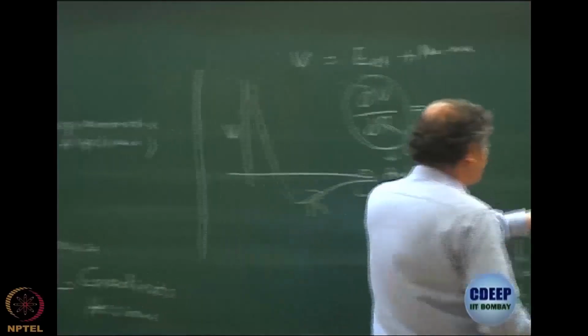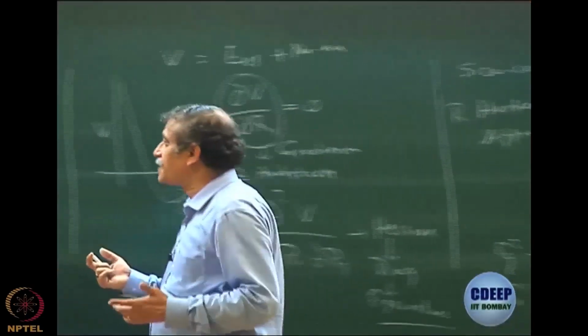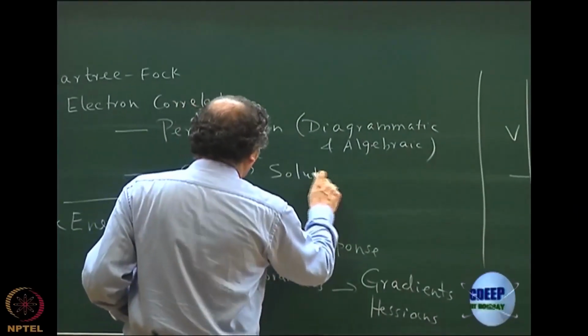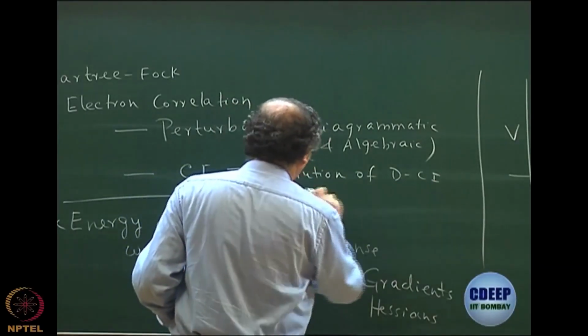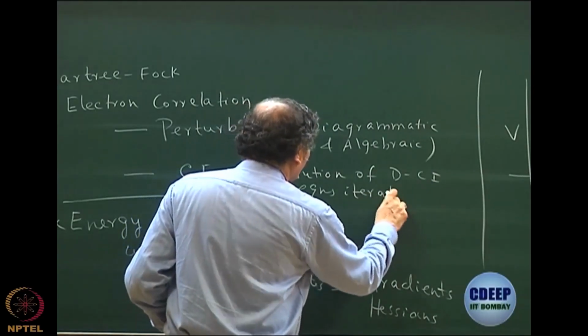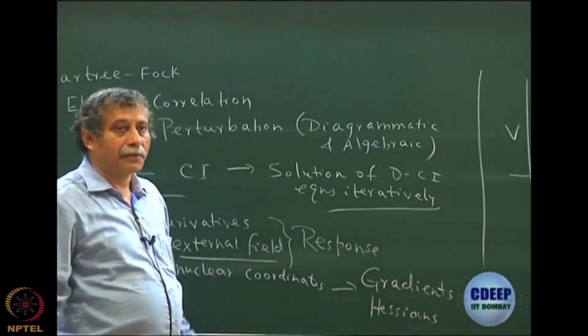So, we have discussed the DCI problem. We also have discussed how to solve the DCI equations iteratively. Of course, DCI or any CI can be solved as an eigenvalue equation.